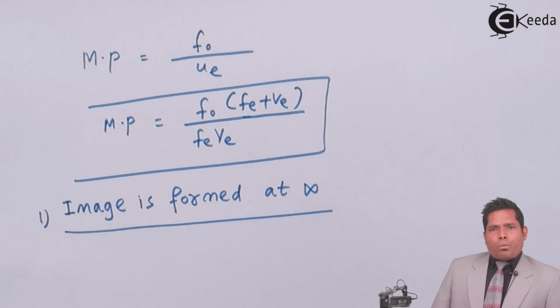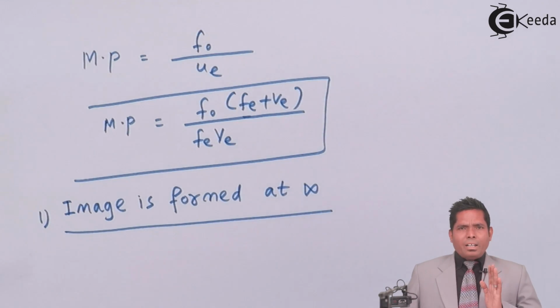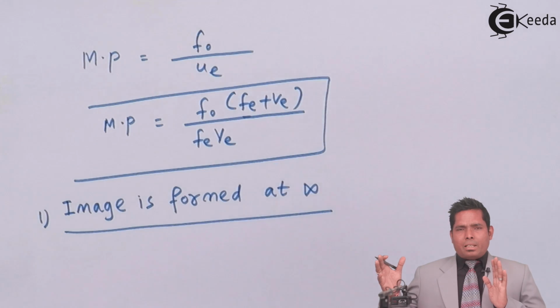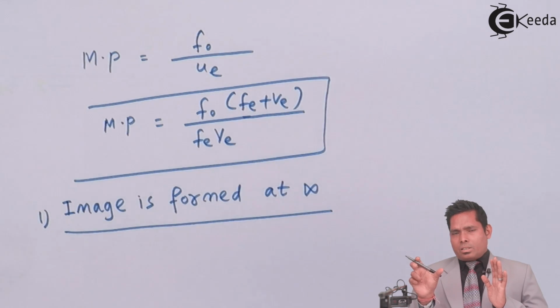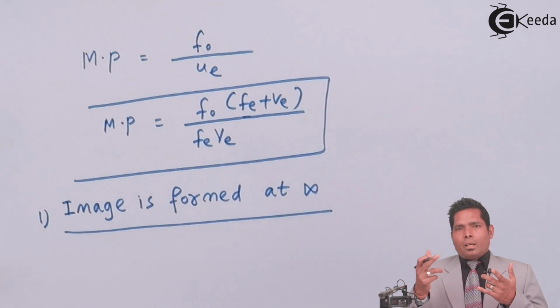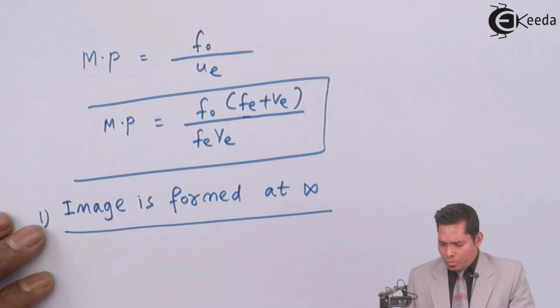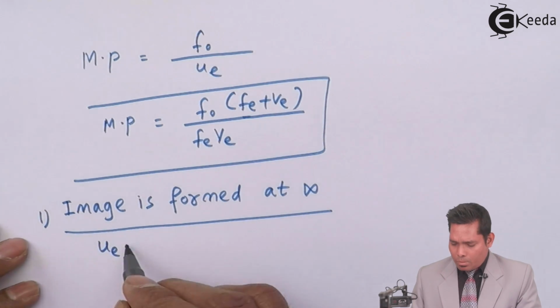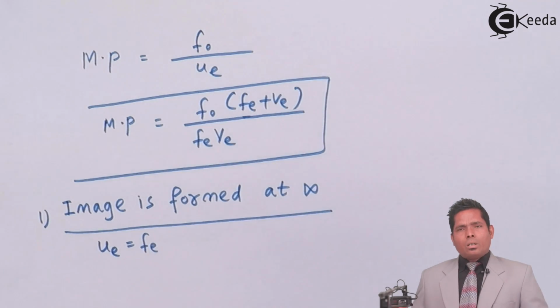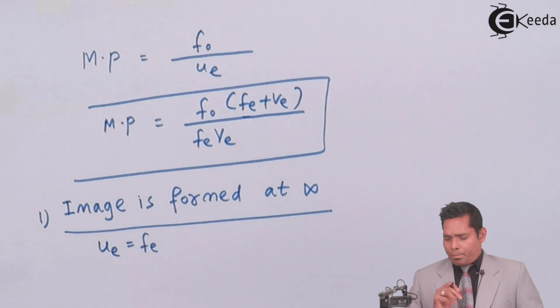If the final image by the eyepiece lens has to be formed at infinity, then the object has to be kept in its focus. So therefore the object distance UE has to be equal to FE, that is the focal length of the eyepiece.